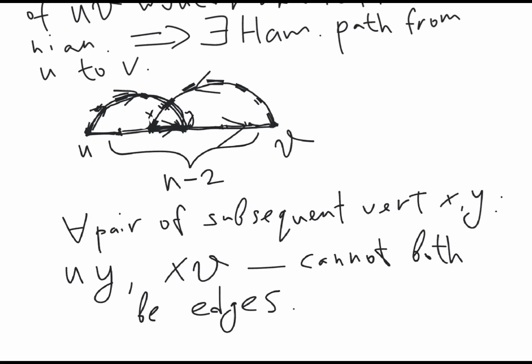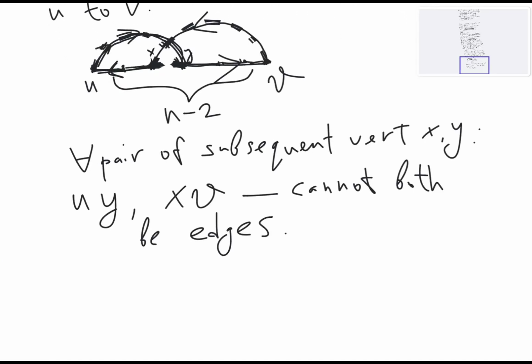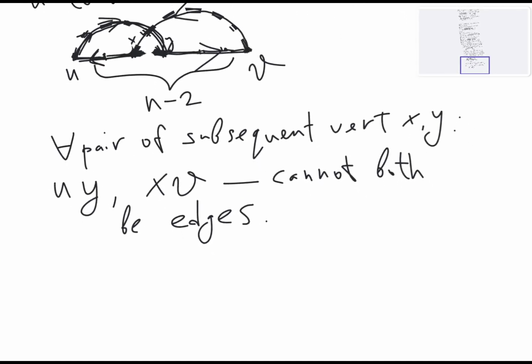No, not from x to y. Then we go from x to u, right? So let's write it here. So we go from u to y. Then we go by a chain from y to v.